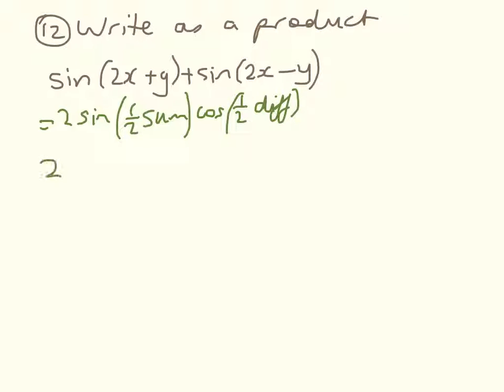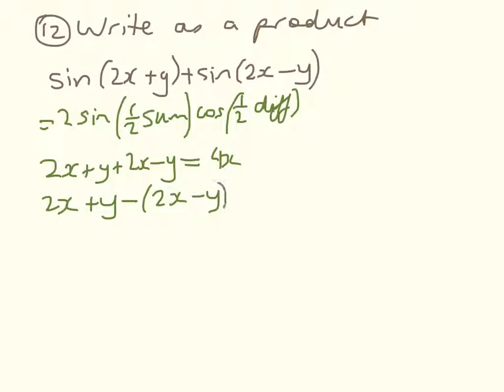We've got 2x plus y plus 2x minus y for the first one. So that equals 4x for the sum, and the difference will be 2x plus y minus 2x minus y, which is 2y.